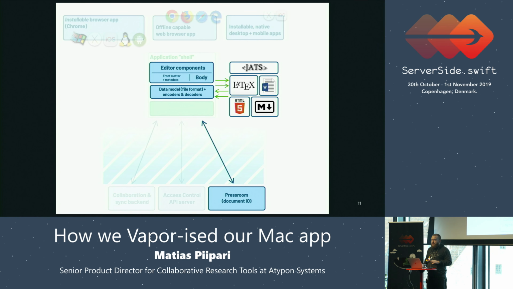And one of those compromises was perhaps, well, let's not rewrite everything, even though we perhaps would want to. And we realized that this document conversion part, the I/O in Manuscripts, was a component that we could separate out from the Mac application that we already had and shove it inside a web service and keep running it as we focused on new parts of the stack.